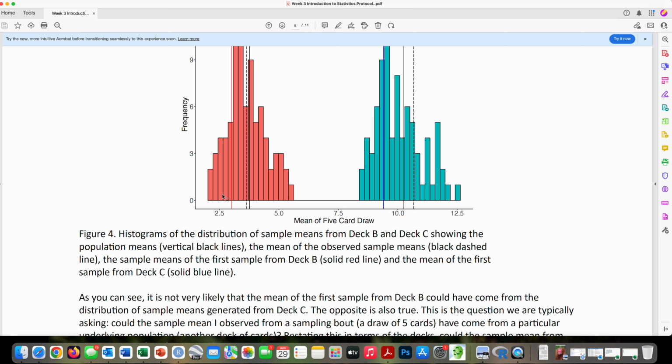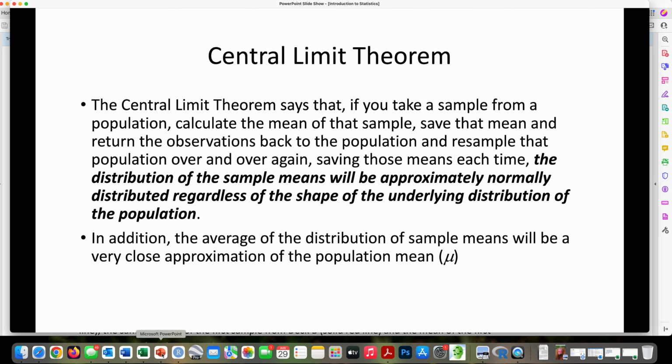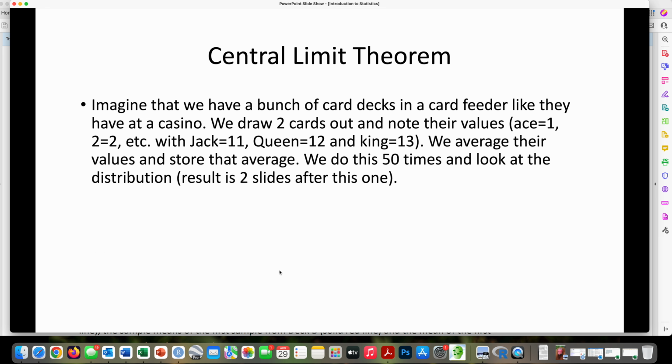And that's essentially what we're asking when we do a statistical test: could this mean have come from this deck of cards? And the answer is no. Could this mean have come from this deck of cards? The answer is no.